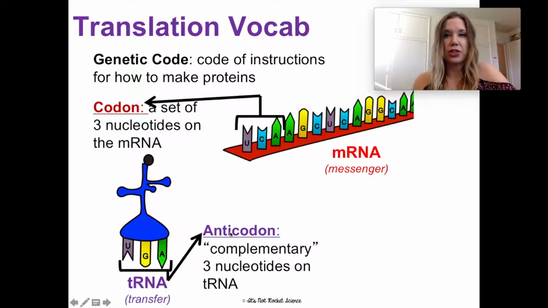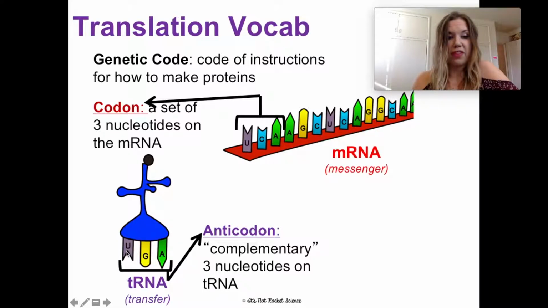Okay, so the second term I want you to know is anticodon. An anticodon is found on a tRNA molecule, so transfer RNA molecule. Remember that little funny looking green thing in the simulation we looked at last week? That is what this little guy here is. The anticodon is found on the bottom along here, and it is just a complementary sequence of 3 nucleotides found on the transfer RNA molecule.